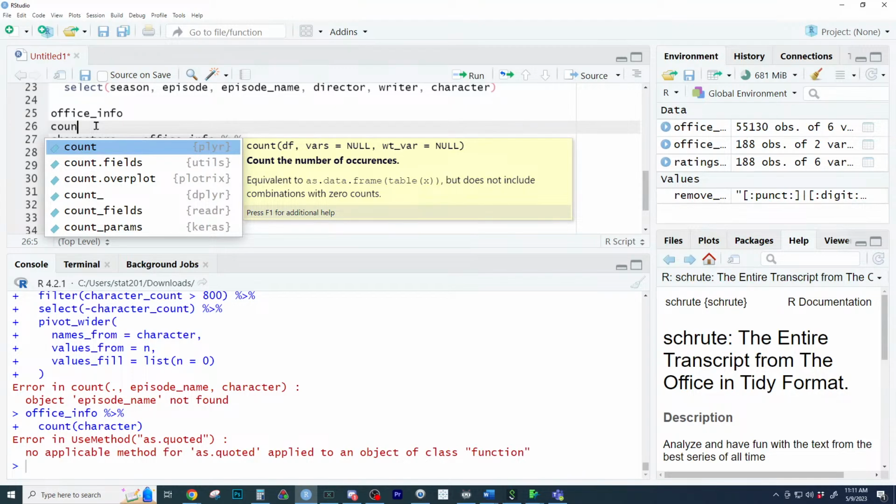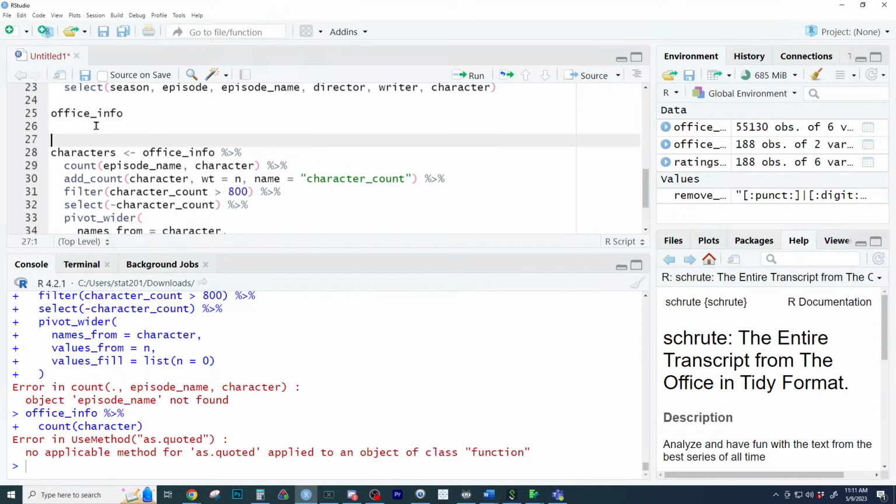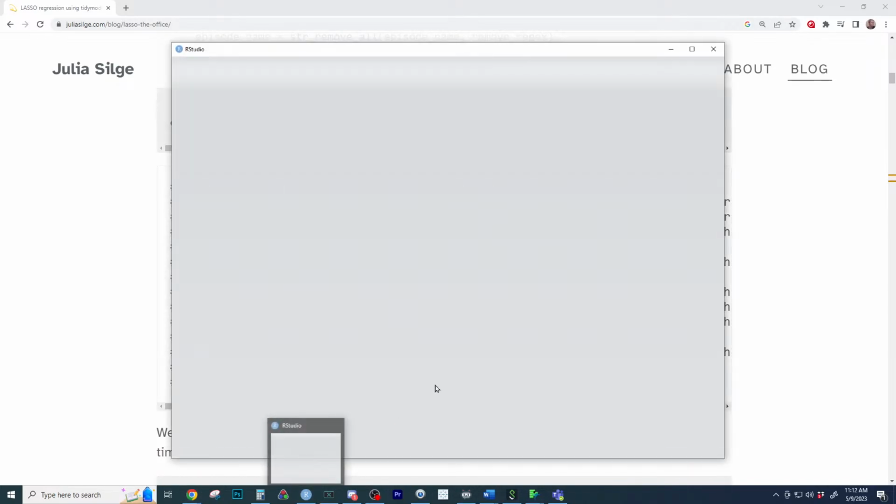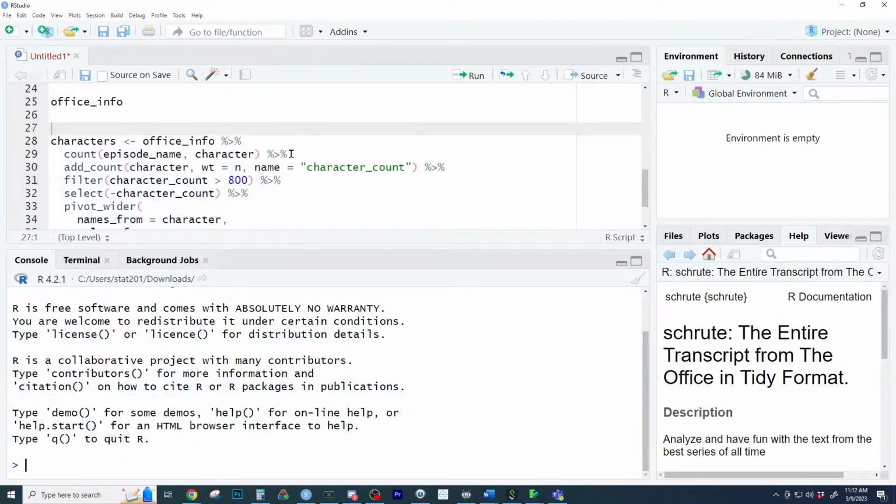I think the function could be from another package. And I'm worried. So let me X out of this. Don't save. Whenever you hit something this weird, sometimes it's best just to restart R. I think I have something running that is overlapping with the function.